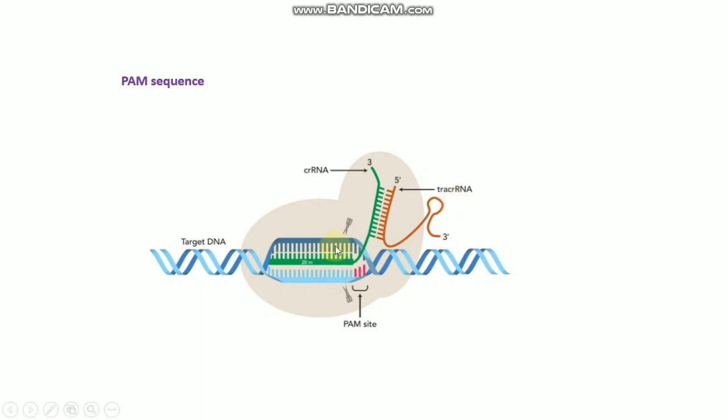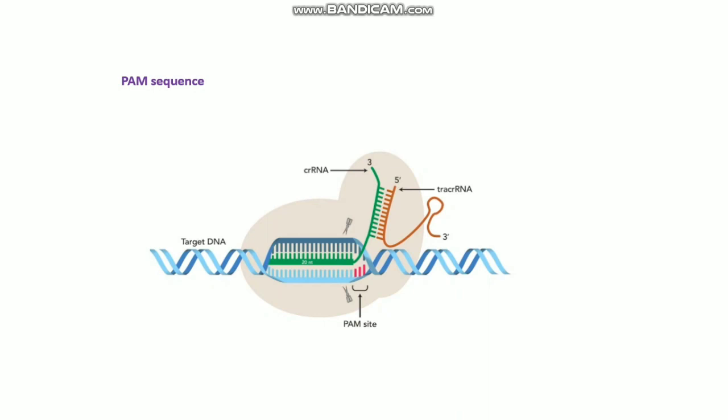When this CRISPR RNA and the DNA duplex are formed, Cas9 comes here and recognizes this RNA-DNA duplex, and then it cuts the DNA sequence. This DNA region is targeted for cleavage by the CRISPR system.